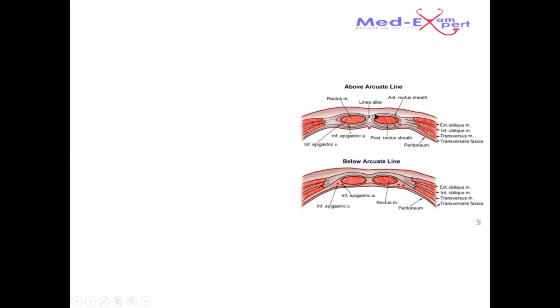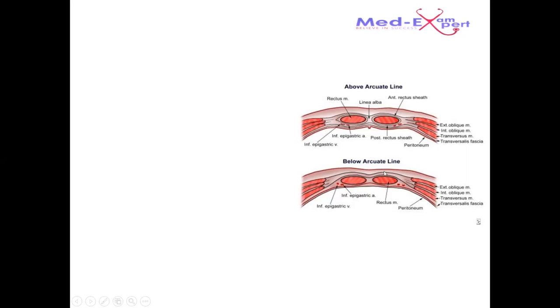The anterior lamina covers the rectus muscle anteriorly, and the posterior lamina invests this muscle posteriorly. So above the arcuate line, anterior to the rectus muscle are the external oblique muscle and the anterior lamina of the internal oblique muscle, while posteriorly are the posterior lamina of the internal oblique muscle, the transversus abdominis muscle, and the transversalis fascia.